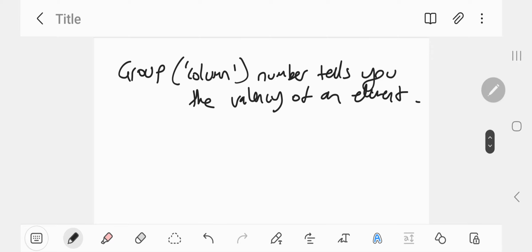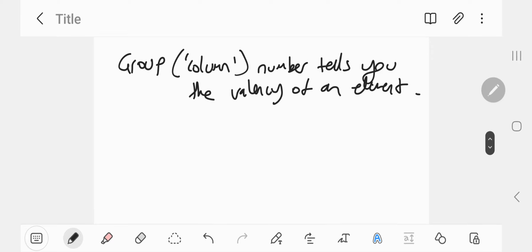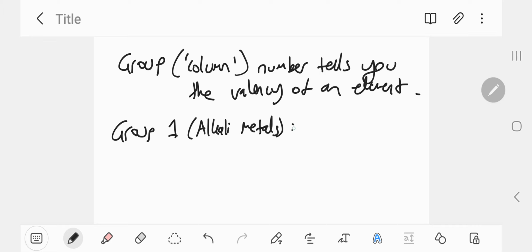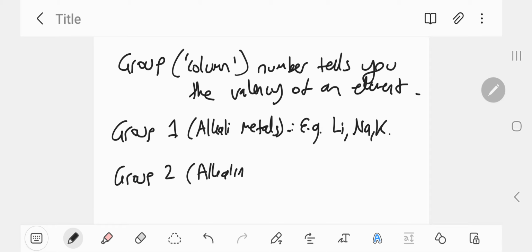I'm not going to draw it, it'll get too messy. But there are basically 8 groups on the periodic table. Group 1 are known as the alkali metals. Examples are lithium, Li, sodium, Na, potassium, K. Group 2 are called the alkaline earth metals.